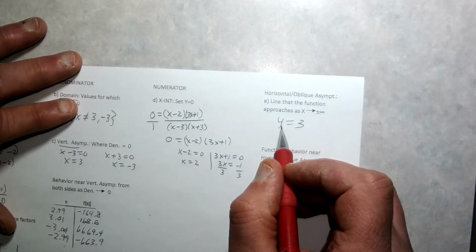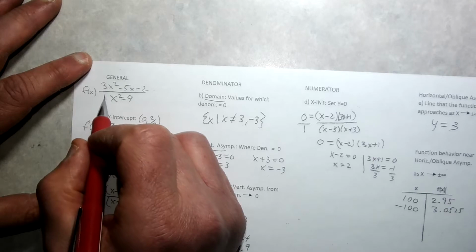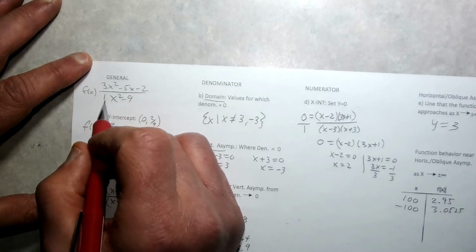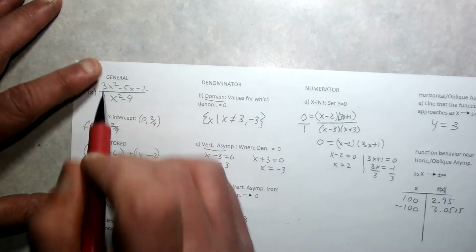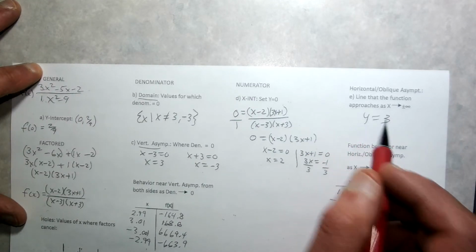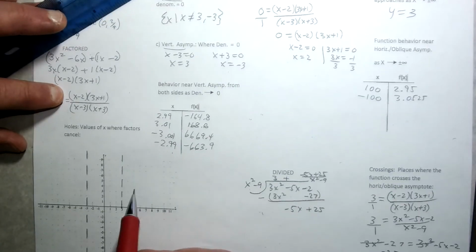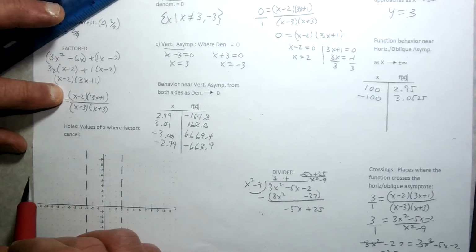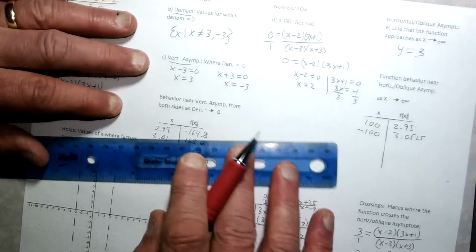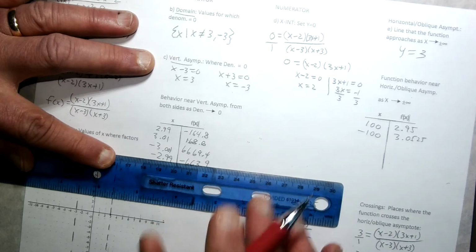The horizontal asymptote will be 3 over 1, which is 3. So when you have an equal degree, all you have to do is divide the leading coefficients of the numerator and denominator, 3 over 1, and that will produce your horizontal line that your graph will eventually approach as you go out for big values of x, whether you go out far this way or out far that way. So I'm going to draw another dotted line, but this time a horizontal one that represents y equals 3.